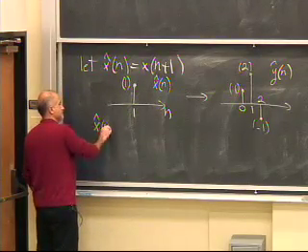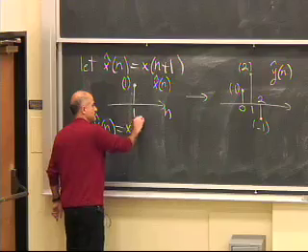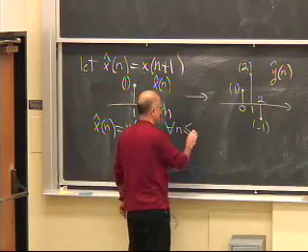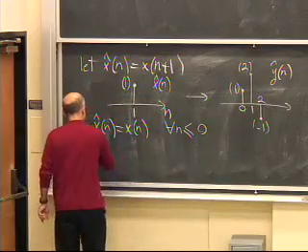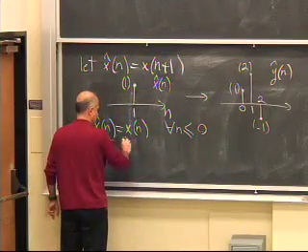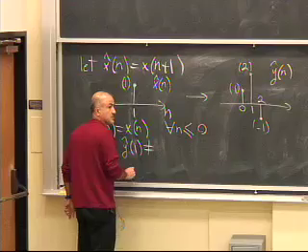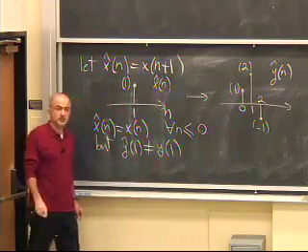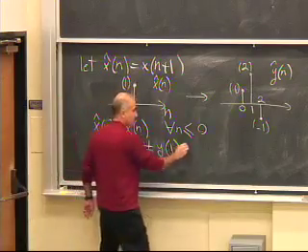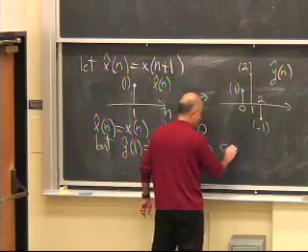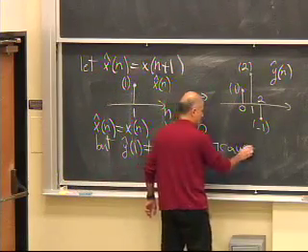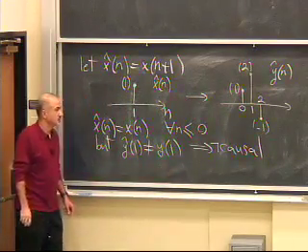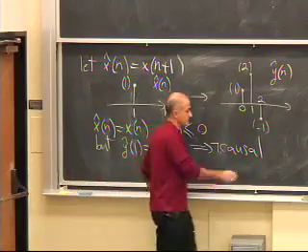So x hat is equal to x for all n up to and including what? 0. But y hat at 1 is not equal to y of 1. This means it cannot be causal. Right, so this is a contradiction.